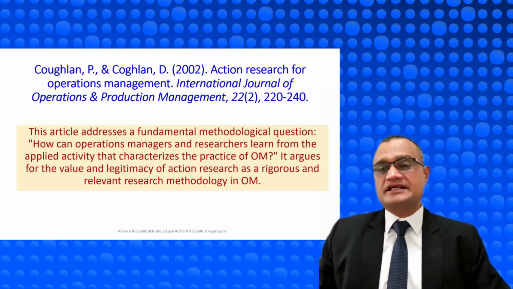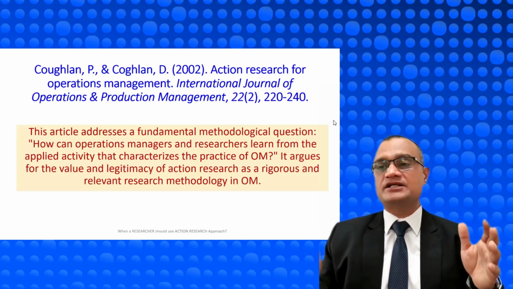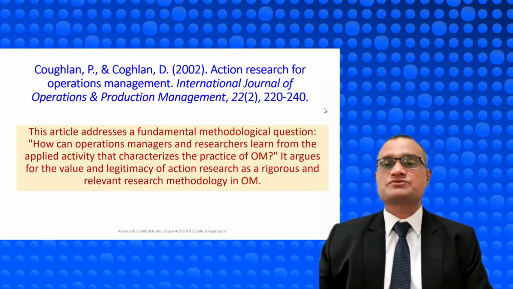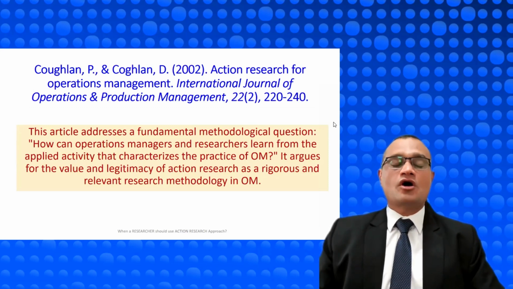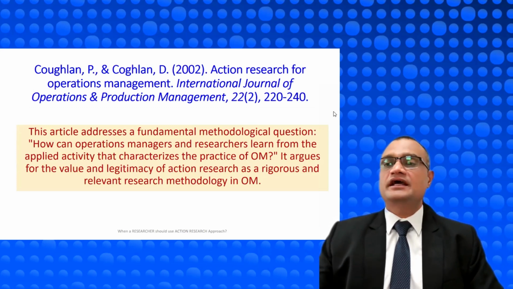There is one interesting and highly recognized, much-cited paper in the domain of action research, typically applied to the operations management area. It is published by Coghlan and Coghlan 2002, Action Research in Operations Management.